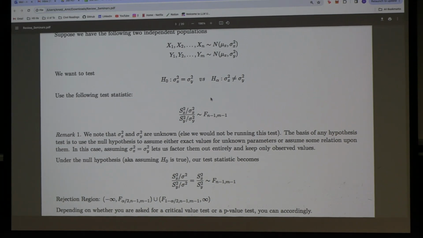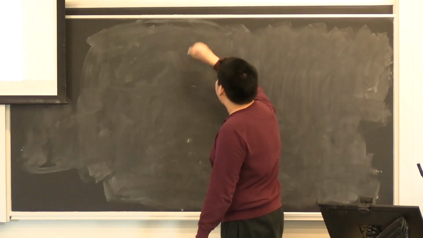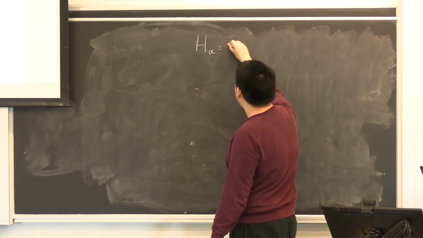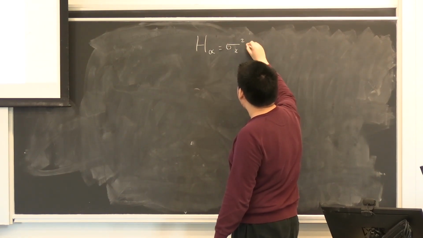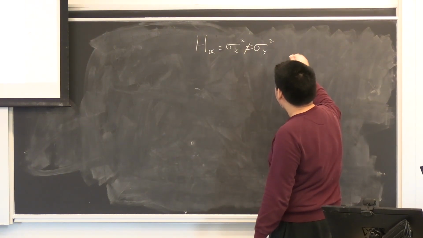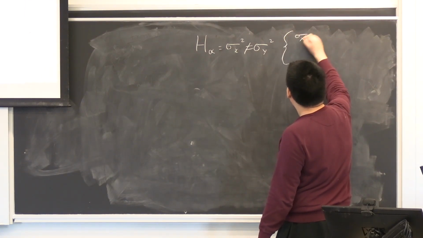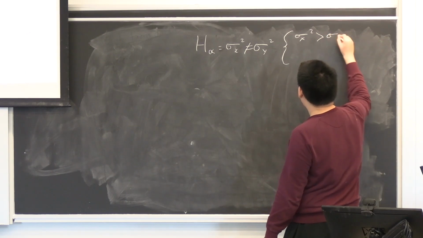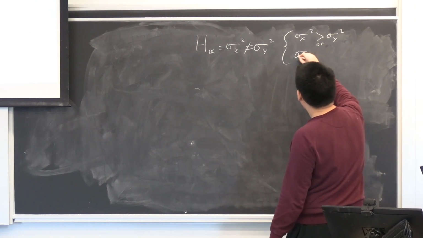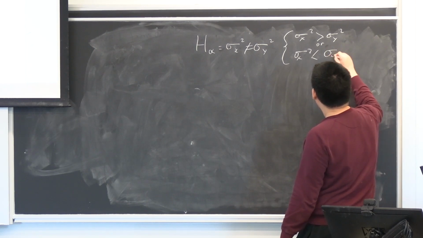Because if you have something, where's my chalk? If you have H_A: the variance of X squared is not equal to the variance of Y squared, this is equivalent to testing that either this is the case, or this is the case, right?